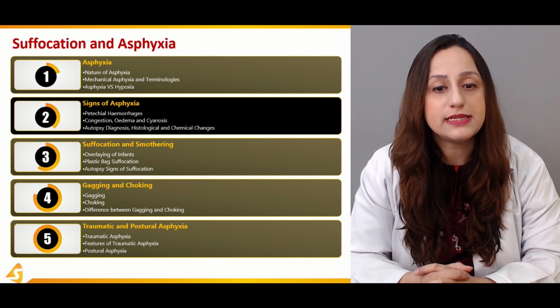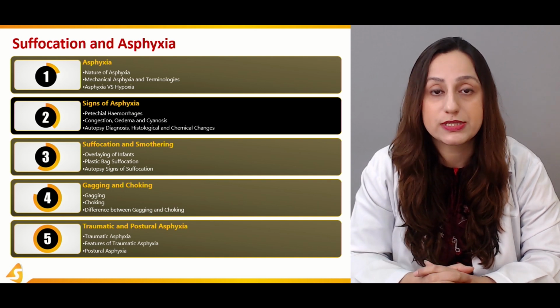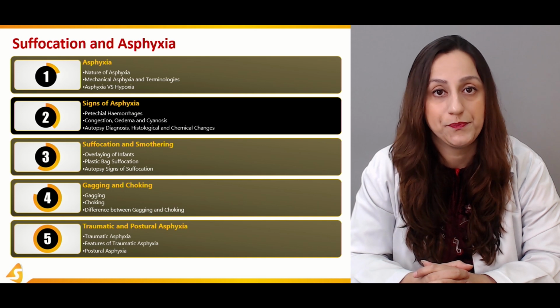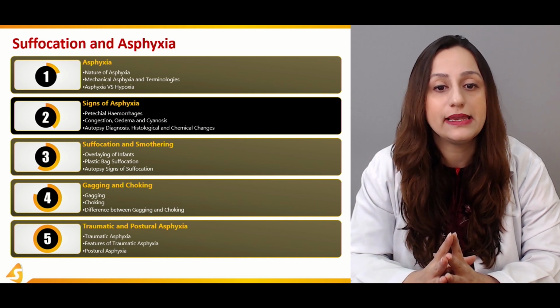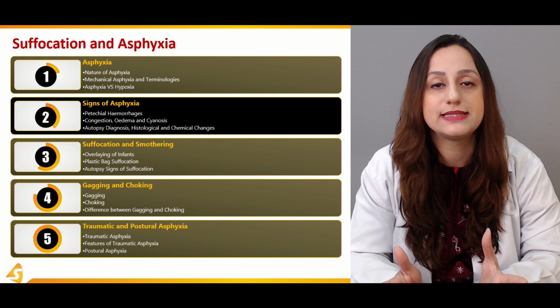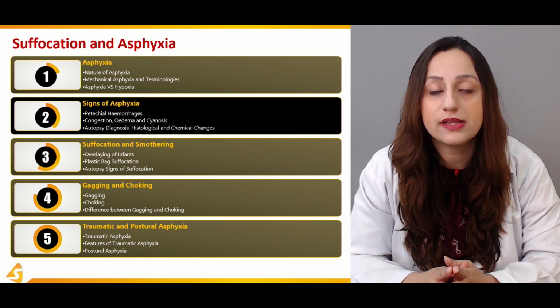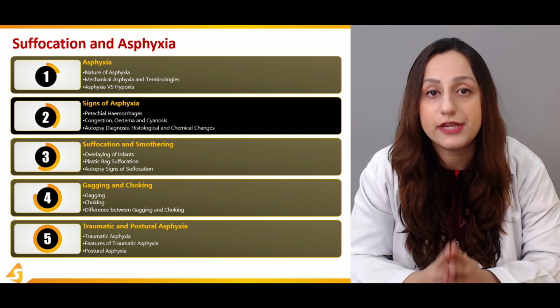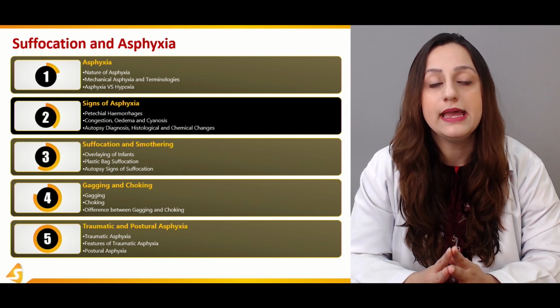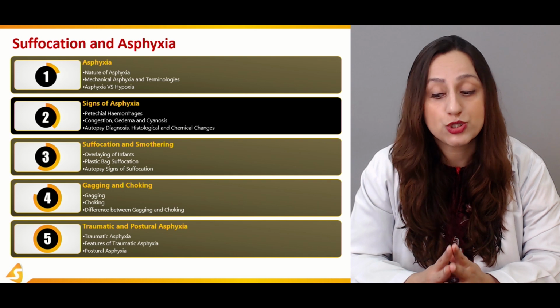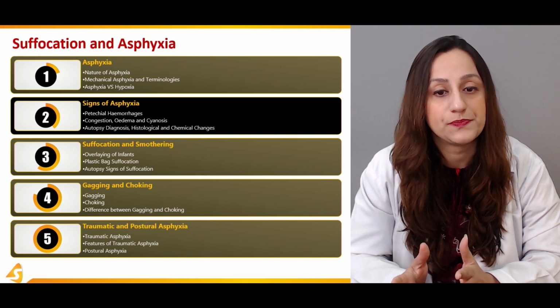Then the autopsy diagnosis: how are we going to diagnose that this person died of asphyxia? This is basically the collection of all of these signs in a person, and then the histological and chemical markers are very important whenever we are documenting any death caused by asphyxiation.